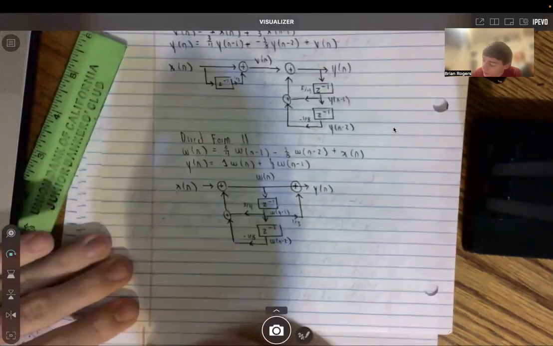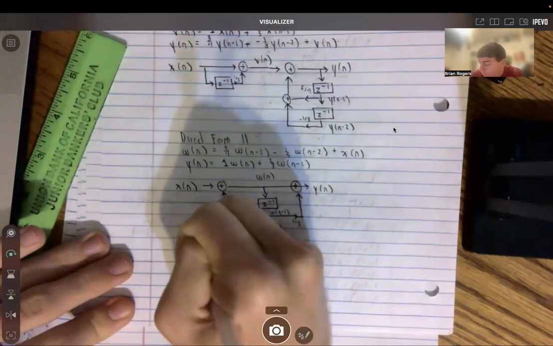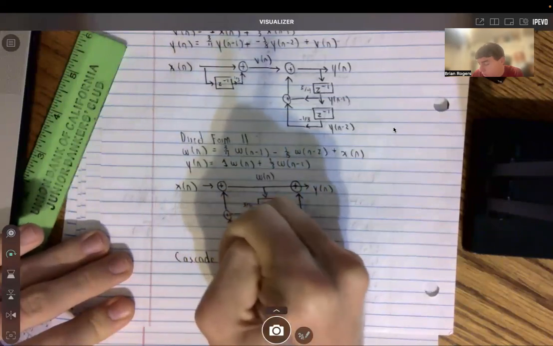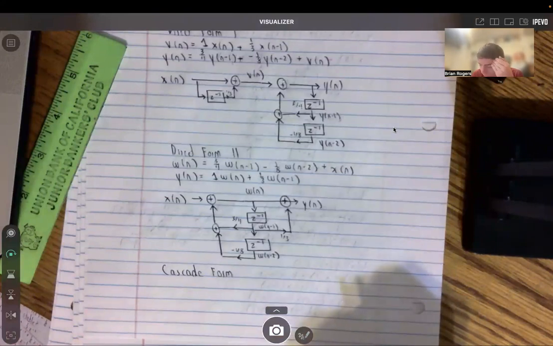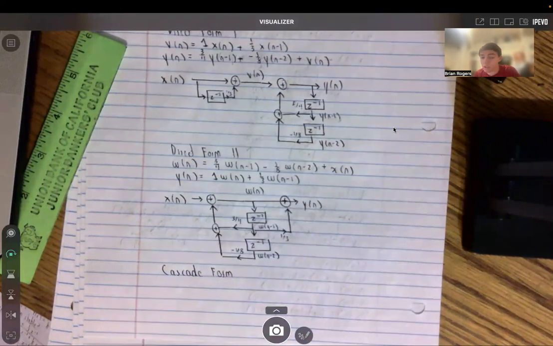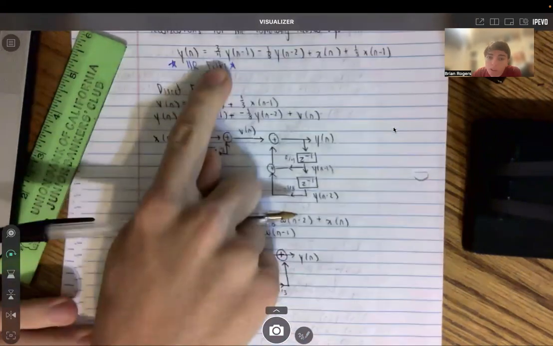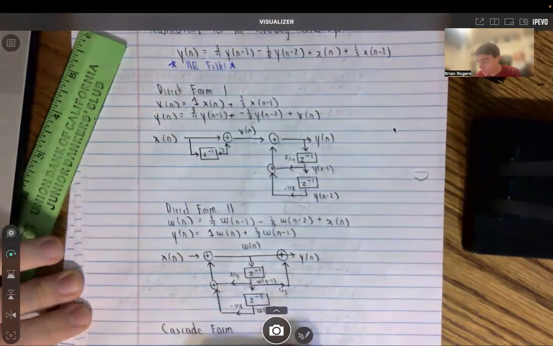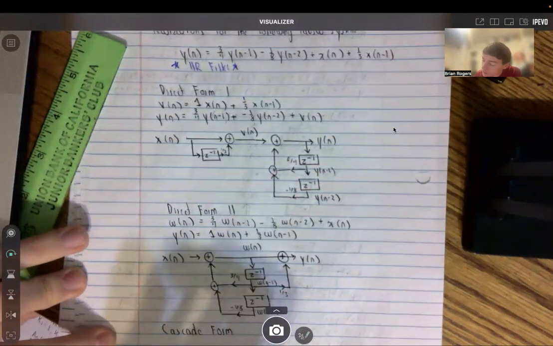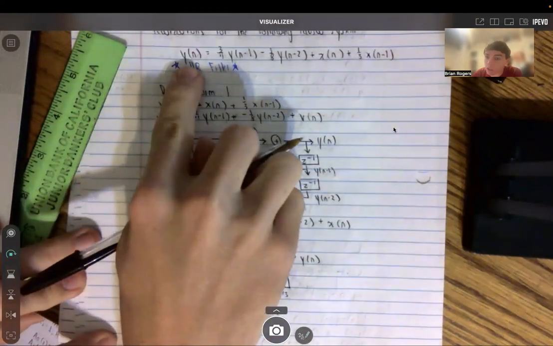Now that we have that, we need to do the cascade form. So the cascade form is a little different for our IIR filters. When you're doing your cascade form, you have to put it in terms of H(z). So in order to get this in terms of H(z), I need to do the transform.